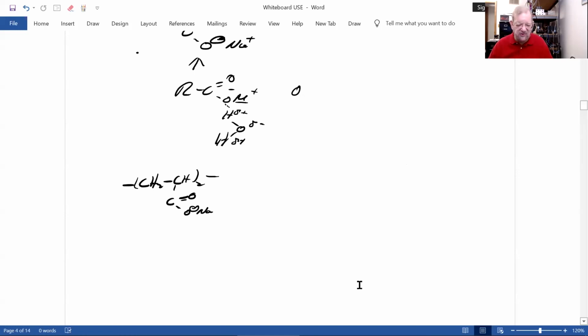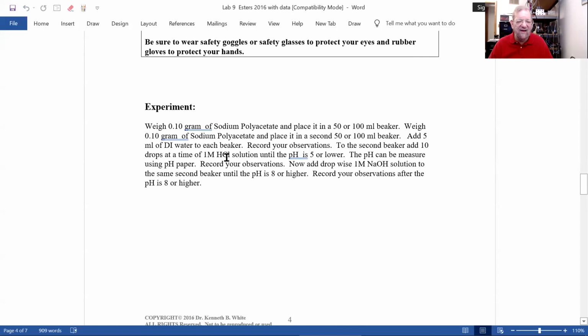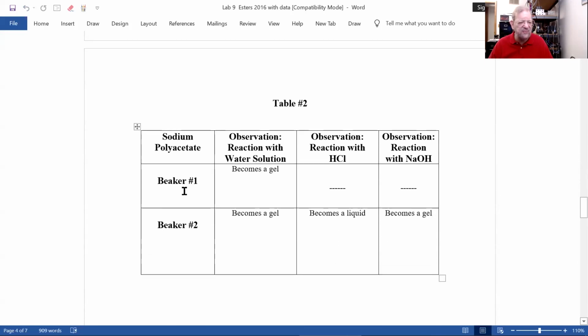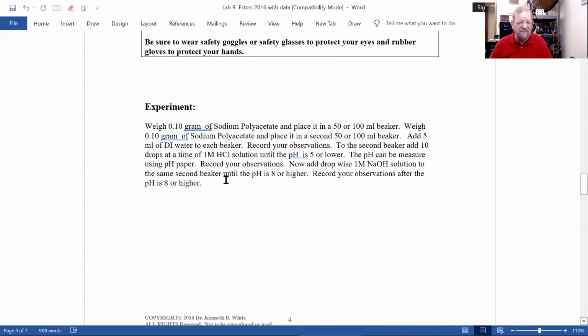And you're going to do this with 2 separate beakers. And in one of the beakers, you'll just put in a certain amount, I think 1/10 of a gram, of the sodium polyacetate. Actually, that'd be acrylate.